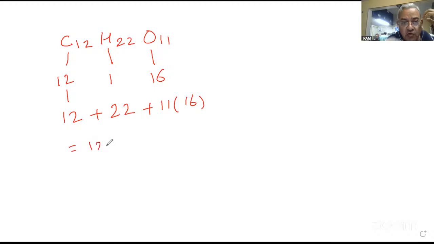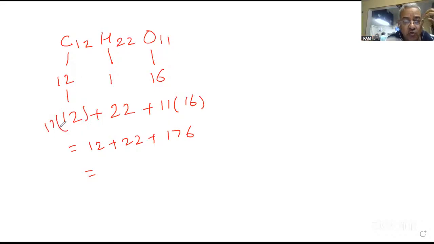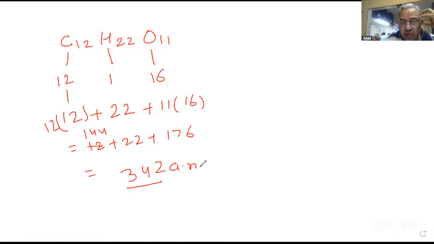It will be 12 plus 22 plus 176. Sorry, this is 12 into 12 because there are 12, no? It will be 12 into 12, it will be 144. So 144 plus 22 plus 176, this comes to 342 atomic mass unit, right?